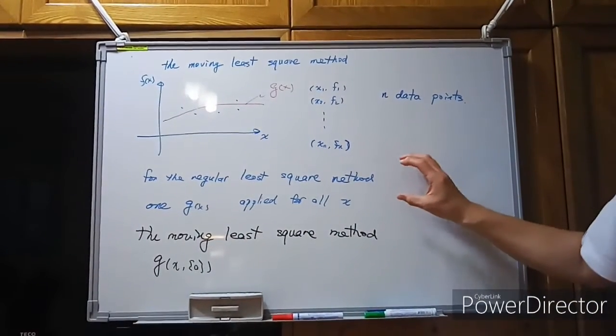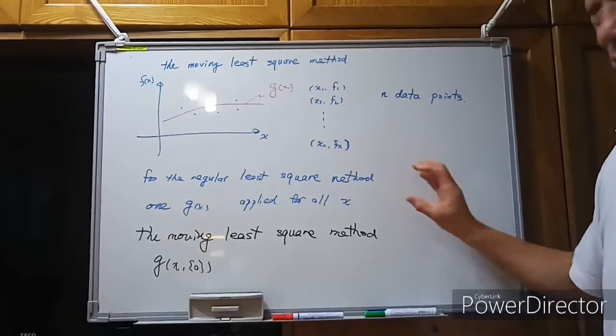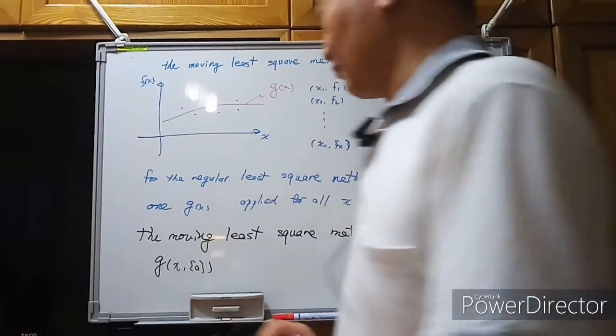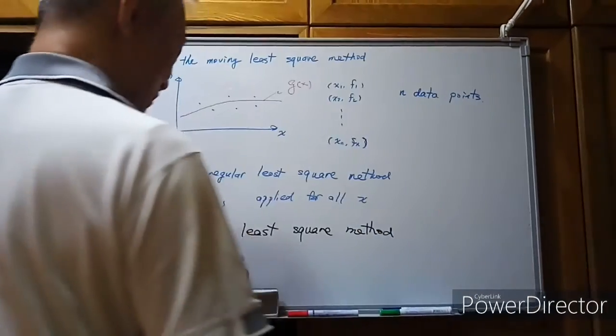Also, when we consider the regular least square method, the weight of the error is always the same.